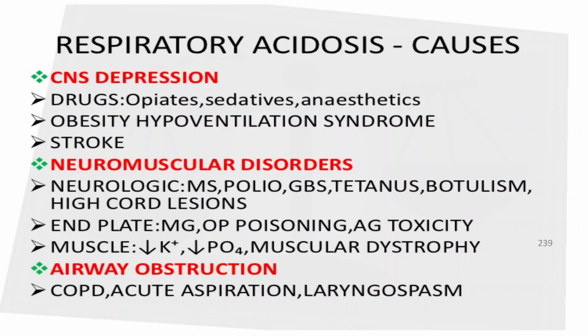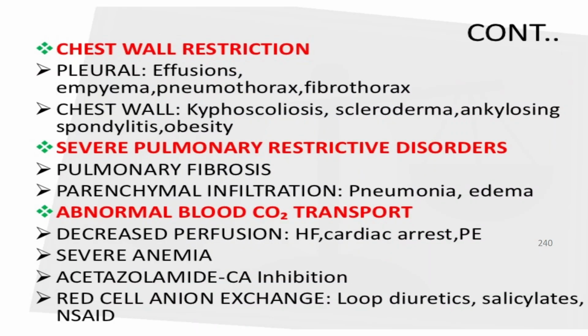Patients with neuromuscular disorders, because the movements of the muscle are not proper, or if there is an airway obstruction. So in all cases where it results in reduced oxygen supply to the tissues, it can result in respiratory acidosis.